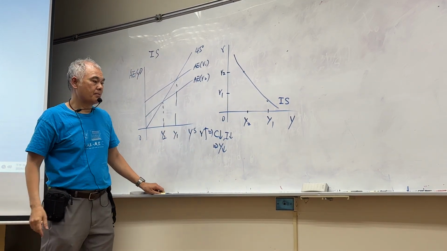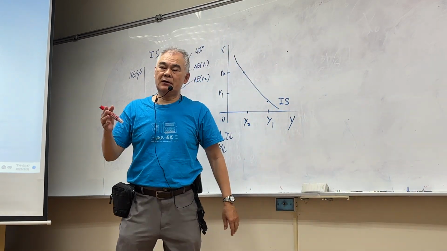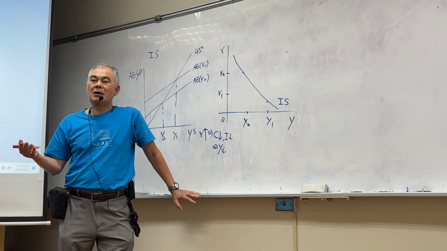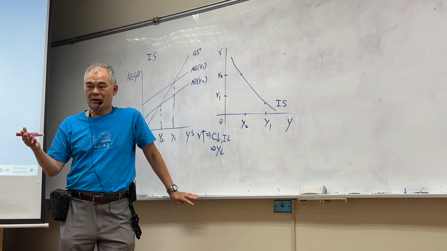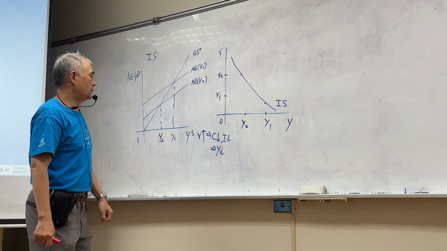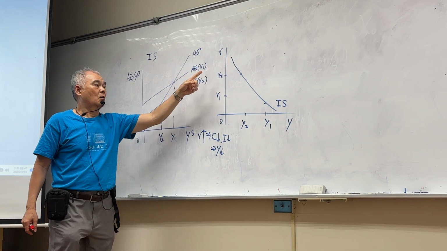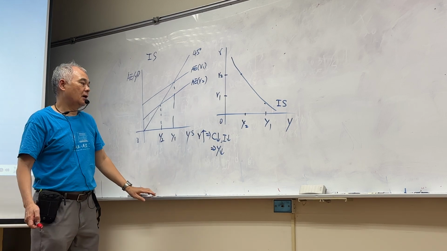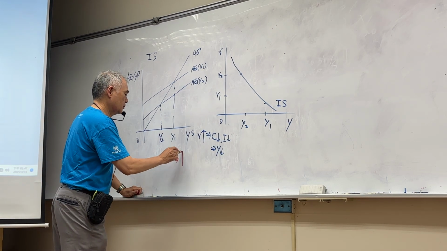Okay, so this is what we have, the IS curve. As we all know, we have a supply curve and a demand curve, and then we need to know what factors will affect supply and demand and in which direction. The same thing here. We have the IS curve here, and let us say, and it happens quite often, that government expenditure goes up.